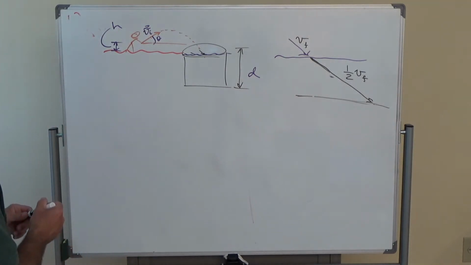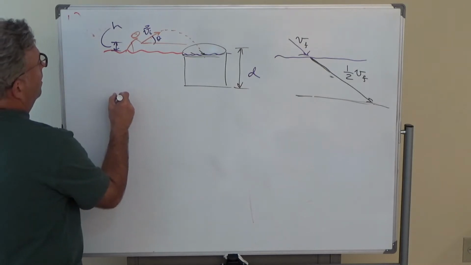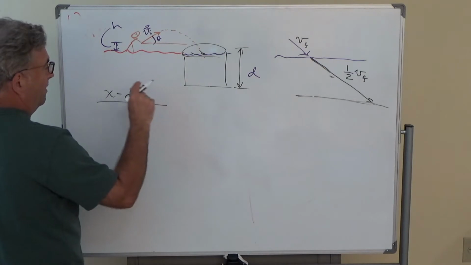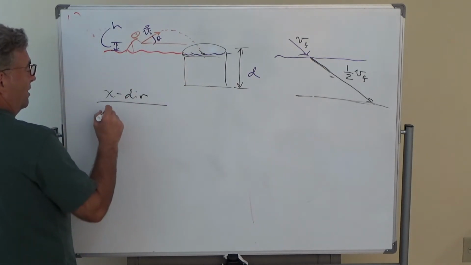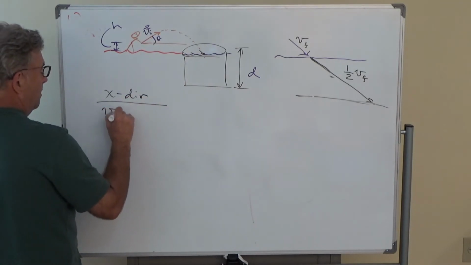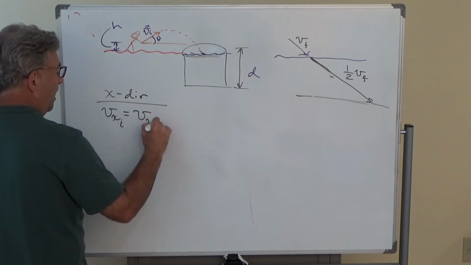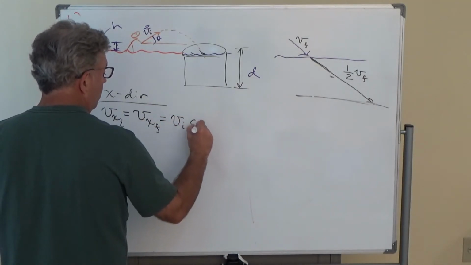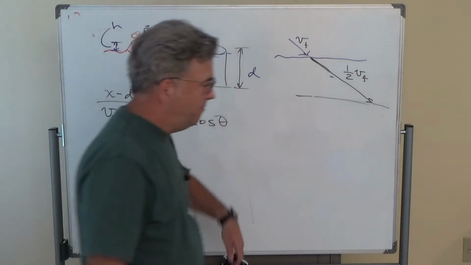It's moving in a straight line. All right, so in the X direction, just like always, Vx initial is equal to Vx final, which is equal to V initial cosine theta. Okay, we don't care about how far it went.